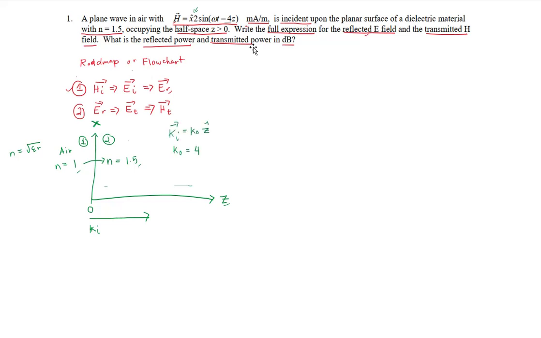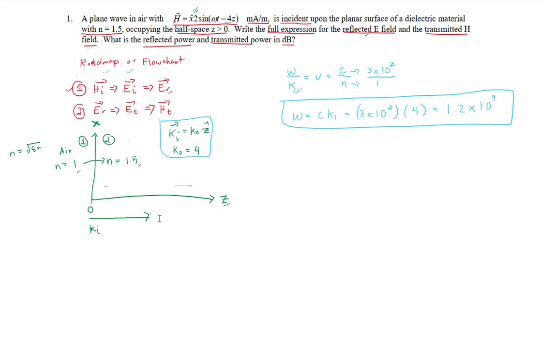We can figure out our omega using this relationship, where c is the speed of light, 3 times 10 to the 8th, and n is the n for air, which is 1. We have k, so rearranging the terms, we need to determine our direction.